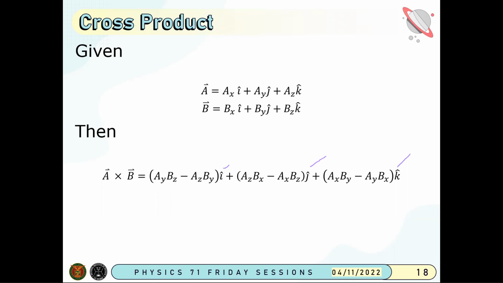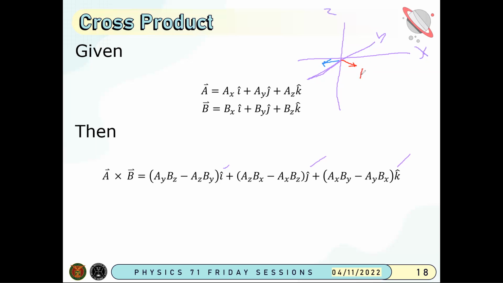But to simplify, I will show that this vector is, for example, you have these axes, X and Y. If you have a vector A that is purely on the XY plane, and then you have a vector B that is also purely on the XY plane.